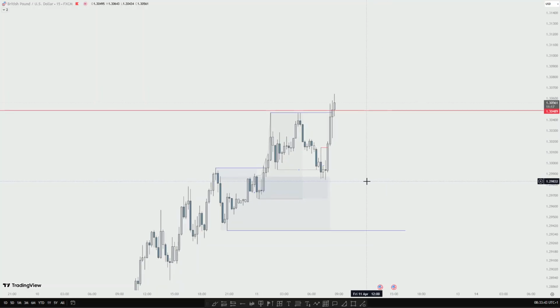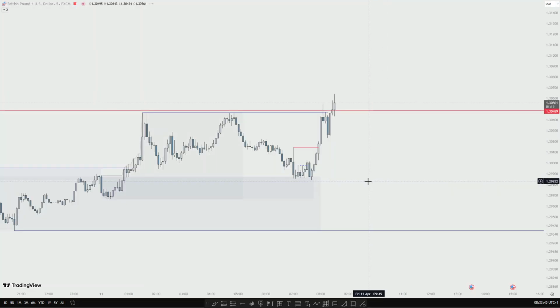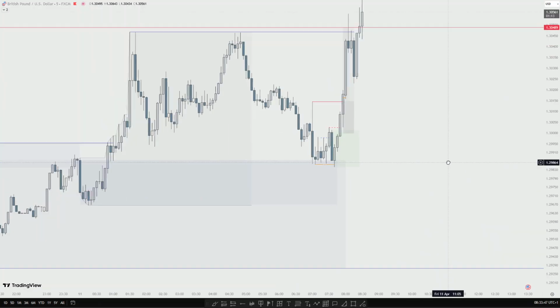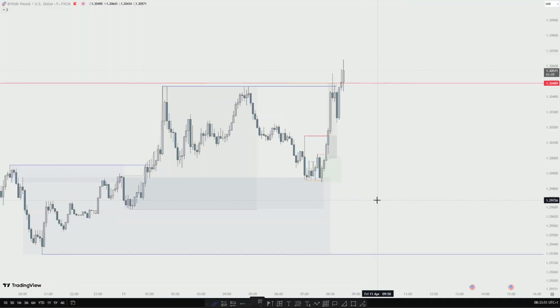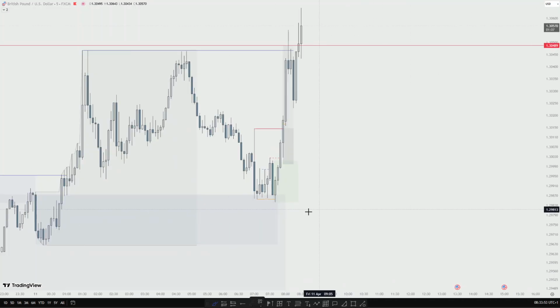So what I did was jump into the M5, and this is the M5 chart, right? On M5 we have this M5 liquidation and M5 choch right here. So we have a very different picture on M5 compared to M15, and this was clearer than M15.